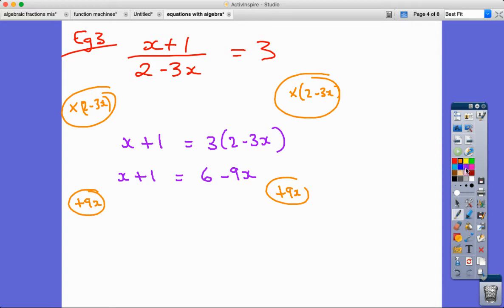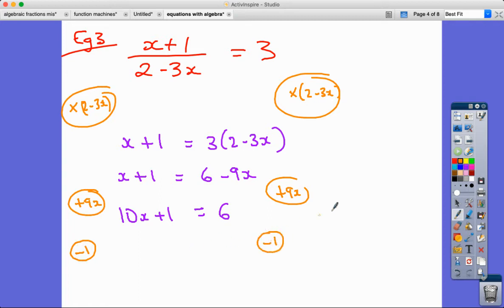And so when I add 9x to both sides, I create a 10x here, plus 1. And then the minus 9x plus 9x cancel each other out. So I'm just left with 6 over here. So you can see automatically by doing that, by moving the smallest x term, I've simplified my equation quite a bit. And it's now a lot more obvious what to do.